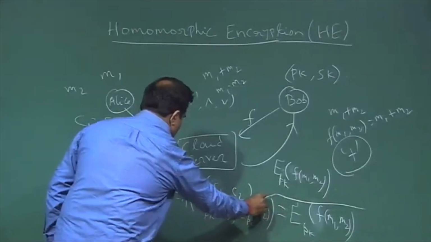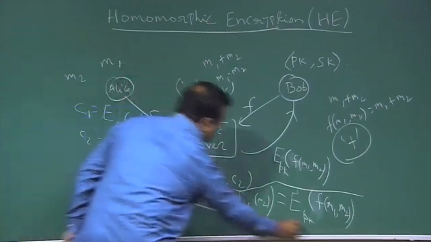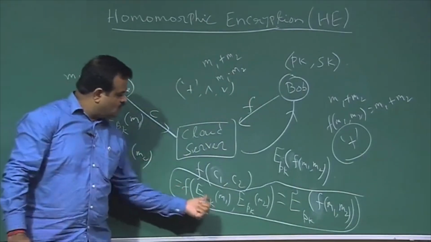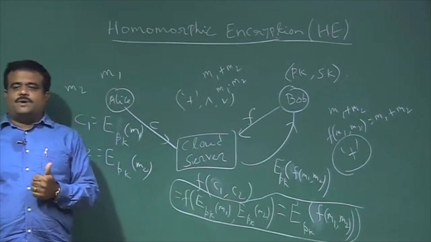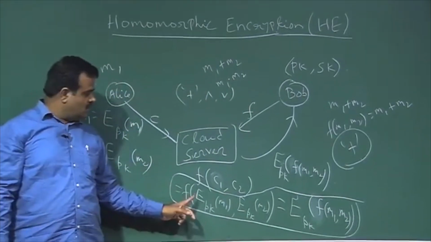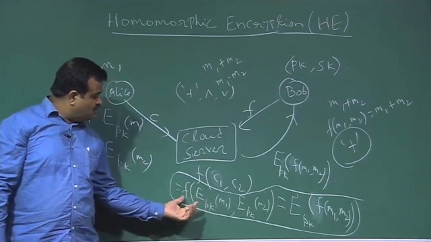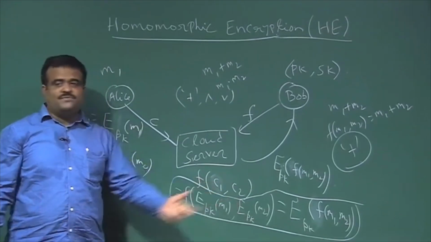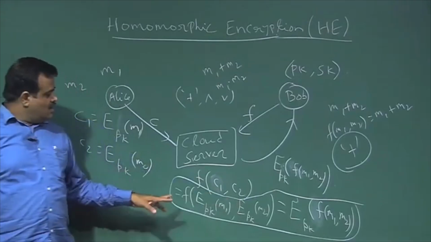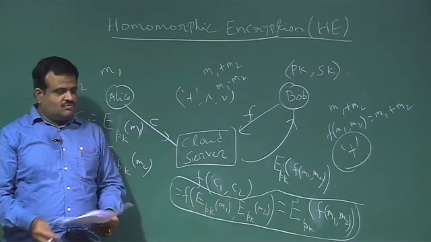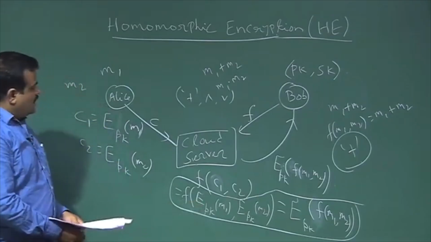So the f should go inside. These are the properties of homomorphic encryption, and you want this property. In general we can have M1, M2, M3, up to Mk.